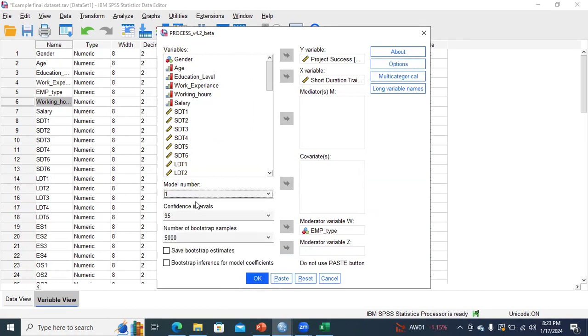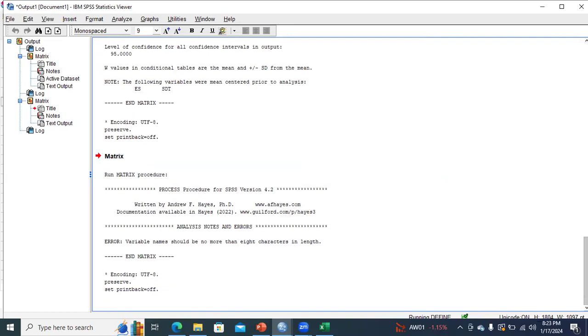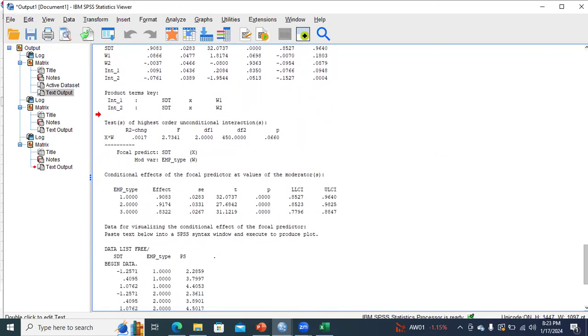It is still 1 because we are using simple moderation. So just click the OK button and you will see the results. Just wait for a couple of seconds because it takes some time to run the Hayes PROCESS. So here it is. You can see the results.